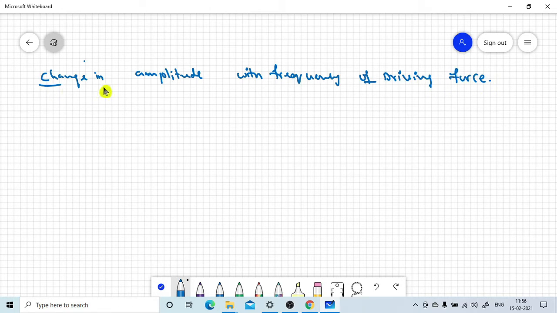This is the condition we are going to discuss today. So we need to know how the amplitude is changing with the effect of the frequency of the driving force.